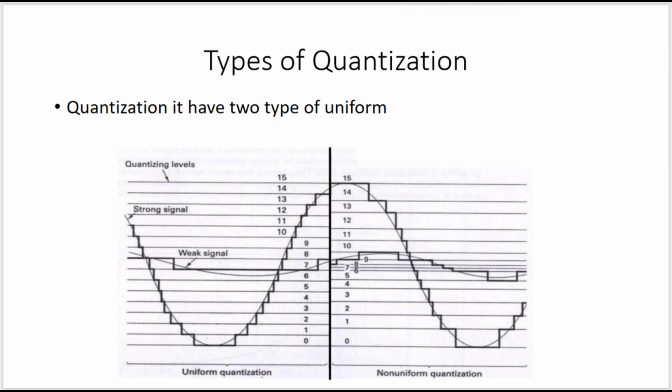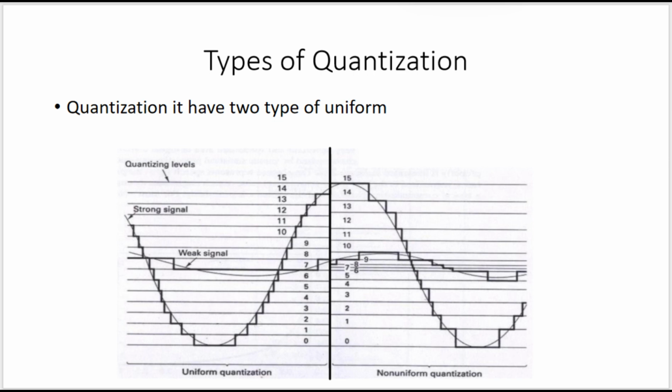For uniform quantization, the quantization noise is the same for all signal magnitudes. Therefore, with uniform quantization, the signal to noise ratio is worse for low-level signals than for high-level signals.